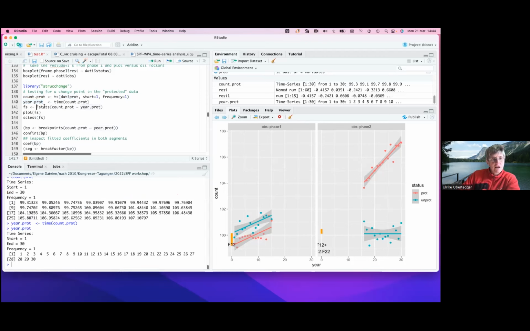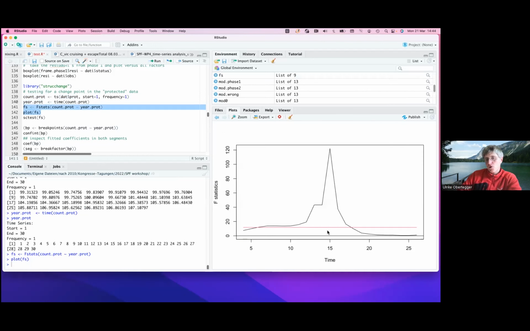So with Fstats, here comes the real line for investigating a change point. And then we are plotting it. And it's not a surprise that this is highly statistically significant, because these are data that I generated, but that's not that important. In any case, it's clear that here is something going on.